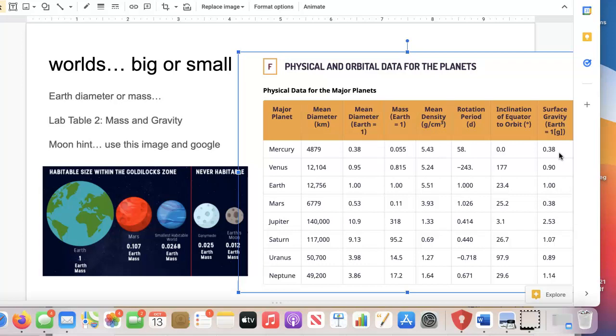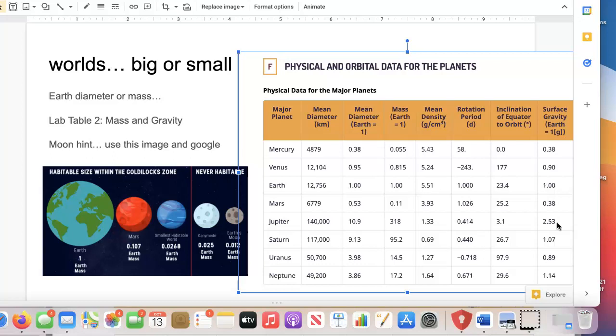Bigger planets have more gravity. So we'll look over here at Jupiter. Jupiter has a mass of 318 Earth masses, and it has a surface gravity of 2.5 times the surface gravity on Earth. That would be at the area that's kind of like sea level, or 1 atmosphere pressure, where Jupiter would have a gravity of 2.5.